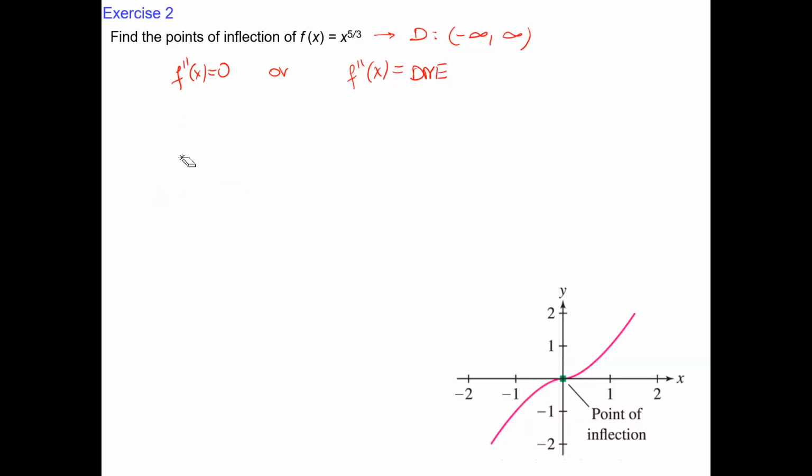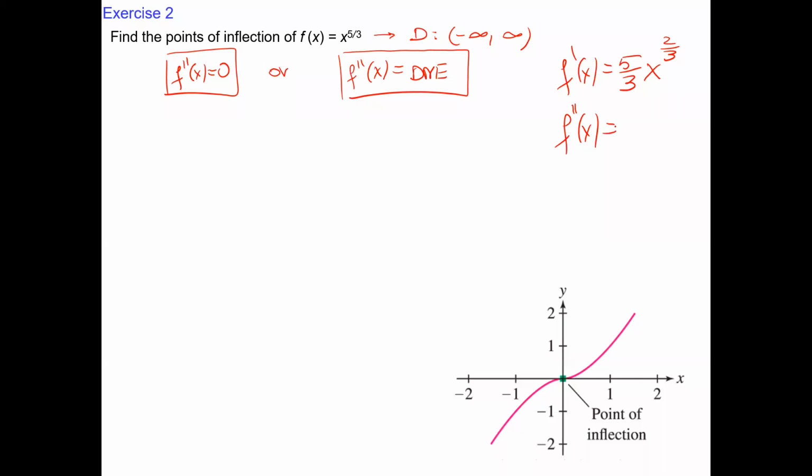I mean, this was correct. Let's do it maybe on the side. The first derivative is 5/3 x to the power of 2/3. I probably did so many first derivative tests, probably the same like you.